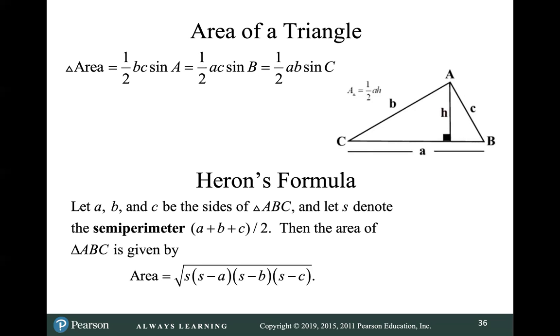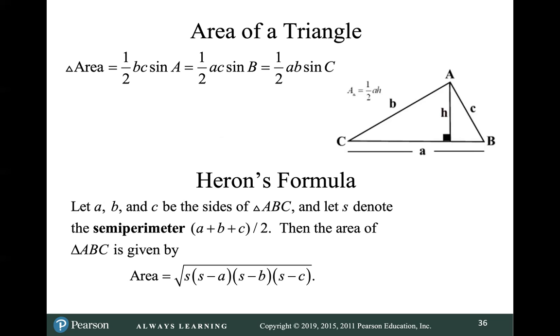Heron's formula you see a lot of times in higher levels of math or math competitions and things like that. Heron's formula can be useful, but we're not going to derive it together. The way that you can prove Heron's formula can be complicated. So since we already proved the law of cosines from this lesson, I'm not going to prove Heron's formula.